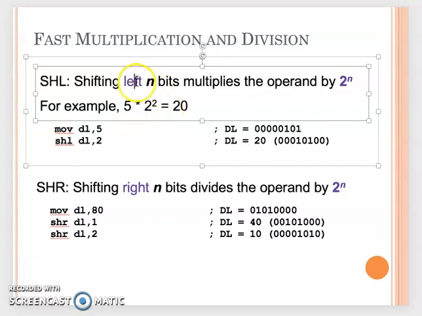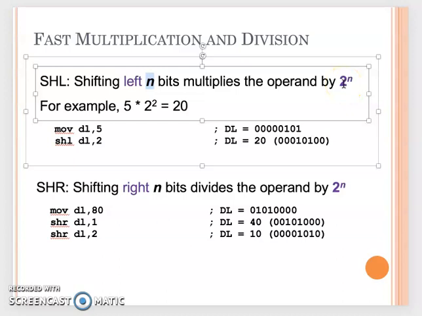Even though we say shift to the left, if we want my operand to become 4 times bigger, I shift to the left for 2 bits, right? If I want my operand to become 32 times, I can do 2 to the 5th power, shift to the left for 5 bits, and it becomes 32 times, right?